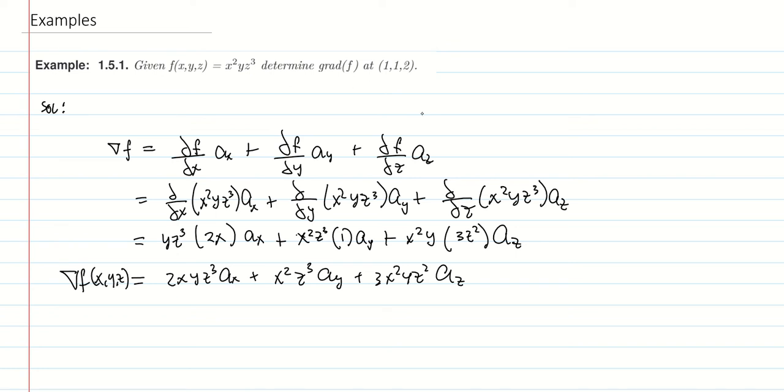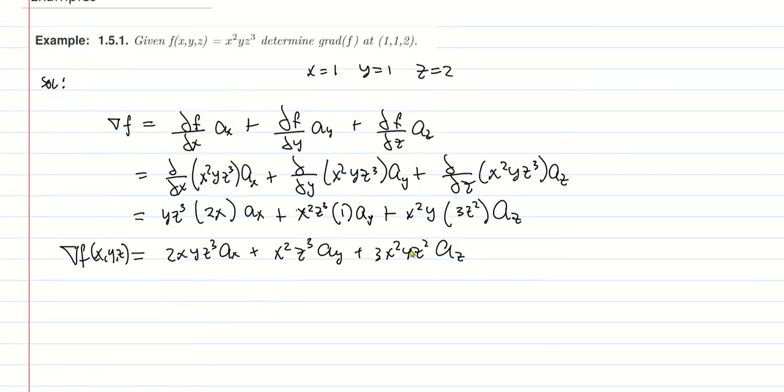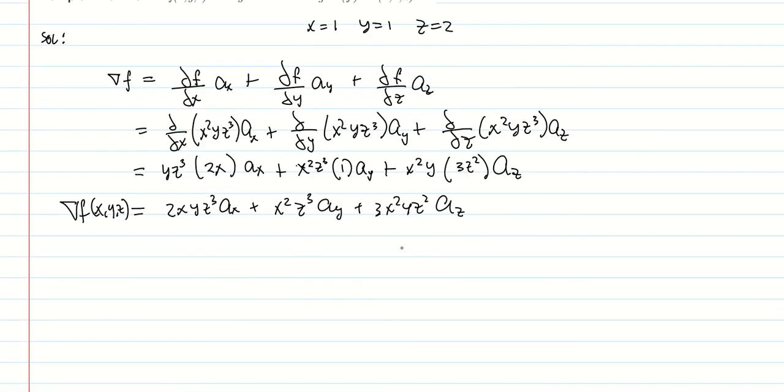Now we want to determine the actual vector of the gradient at (1, 1, 2). So (1, 1, 2) means x equals 1, y equals 1, and z equals 2.